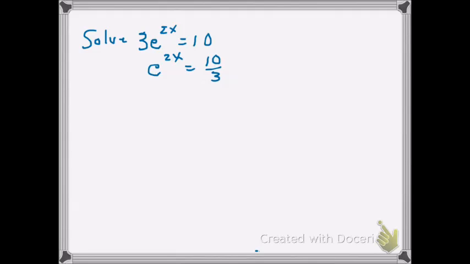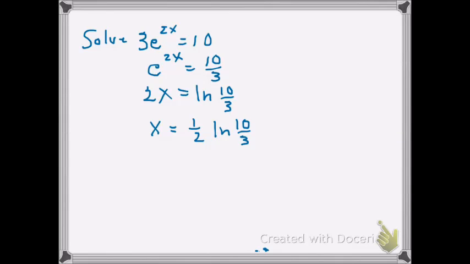And then we can change that to the natural log form. So the exponent 2x is going to be equal to the natural log of 10/3. So then we just divide by 2 or multiply by 1/2, however you like to do that. And we have isolated the x.